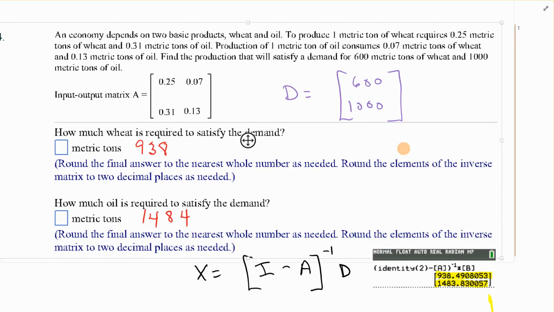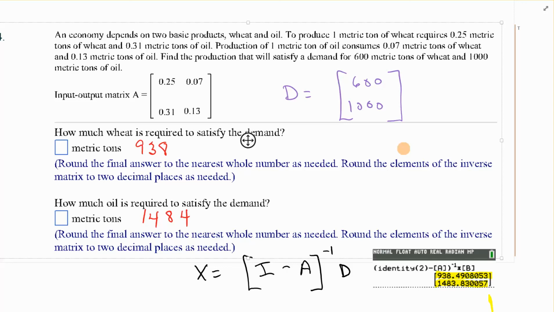An economy depends on two basic products, wheat and oil. Now, to produce 1 metric ton of wheat requires 0.25 metric tons of wheat and 0.31 metric tons of oil. Production of 1 metric ton of oil consumes 0.07 metric tons of wheat and 0.13 metric tons of oil.